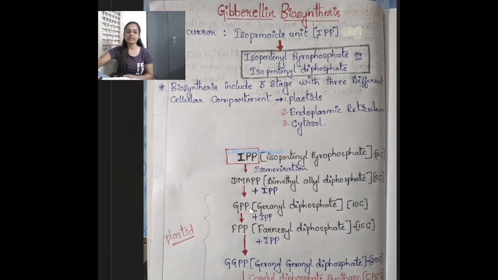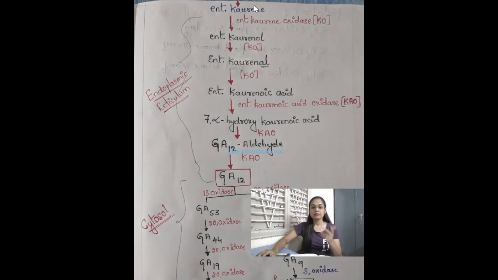Now we will move on to the second stage, that is the endoplasmic reticulum, by an enzyme called ent-kaurene oxidase, which is simply called KO. And this ent-kaurenol is also converted into ent-kaurenal by the enzyme ent-kaurene oxidase. And later this is converted into ent-kaurenoic acid by a KO enzyme, and this ent-kaurenoic acid is converted into 7-alpha hydroxykaurenoic acid by an enzyme called ent-kaurenoic acid oxidase, that is called KAO.